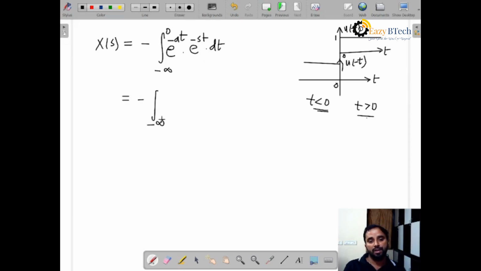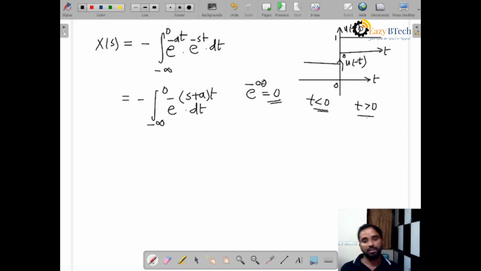So minus integral from minus infinity to 0, taking minus common, it will be e power minus s plus a, t, dt. Here the upper limit is 0, no problem, but the lower limit is minus infinity. Already in the e power we have minus, right? And we always want e power minus infinity to be 0. This is the logic in the Laplace transform.